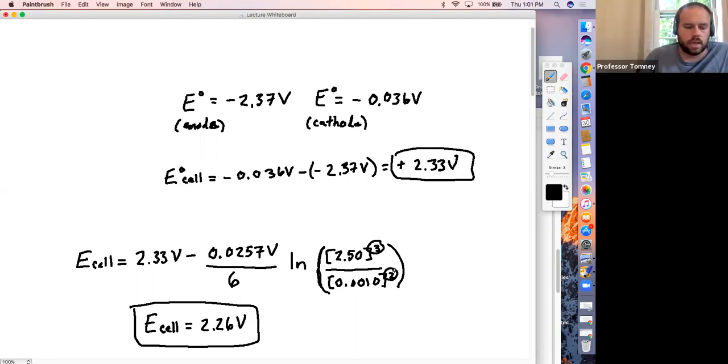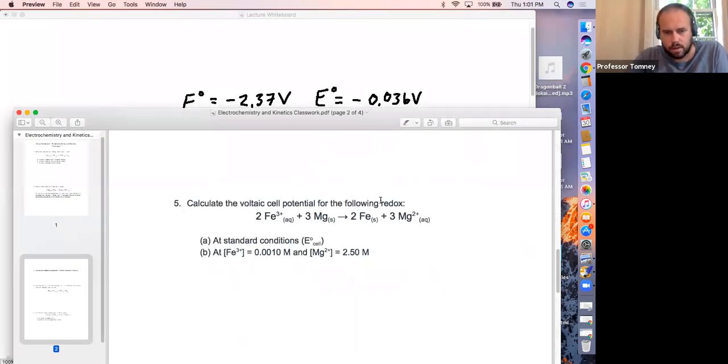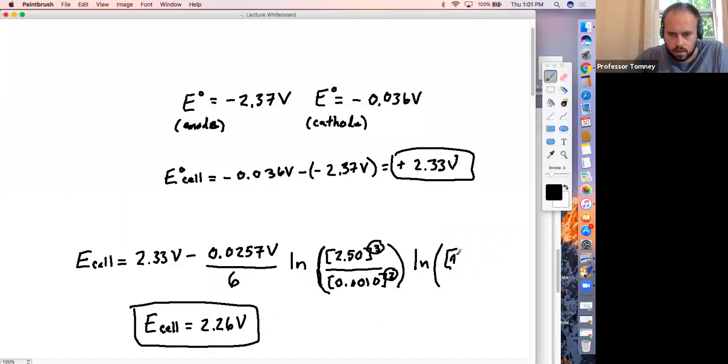Yes, so if you're taking a look at this, it's the natural log of the equilibrium constant, because it's got the products over the reactants here. Now, again, it's only for aqueous based. So what it's saying is, let's take the log of the, which one was it? The iron, right? No, the magnesium was the product. So the magnesium 2+ over the iron 3+.